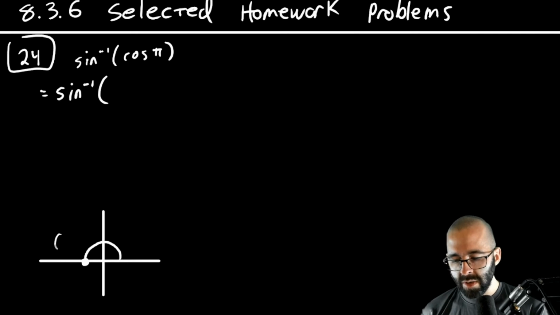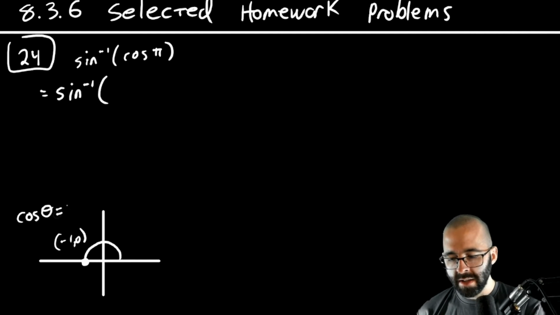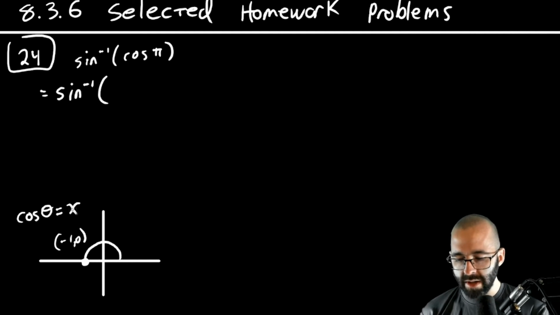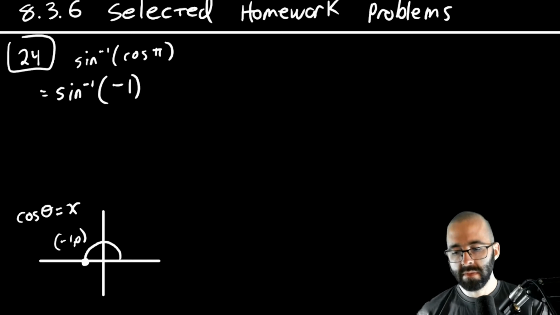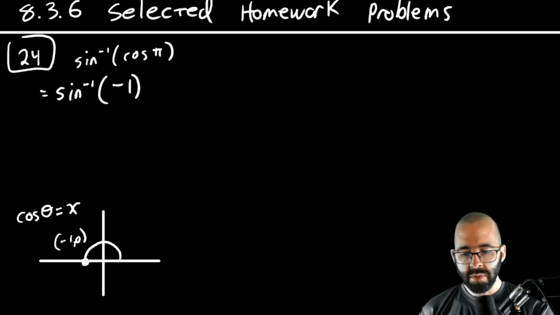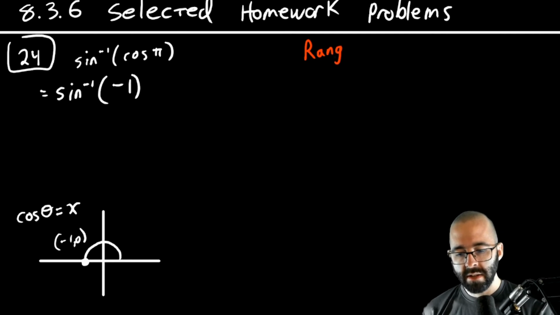This is the point on the unit circle, -1, comma 0, and cosine on the unit circle is the x-coordinate. What is the x-coordinate on the unit circle here? The answer is -1. So, look at the range of arcsine.